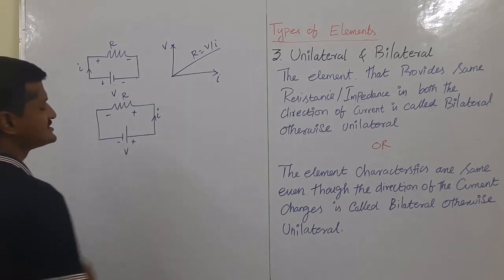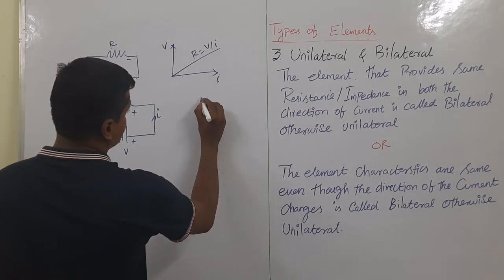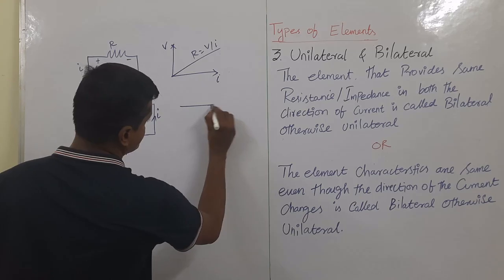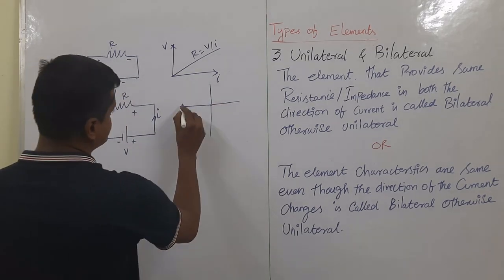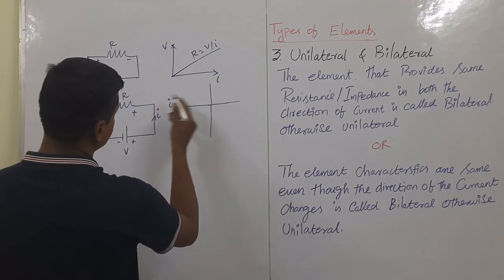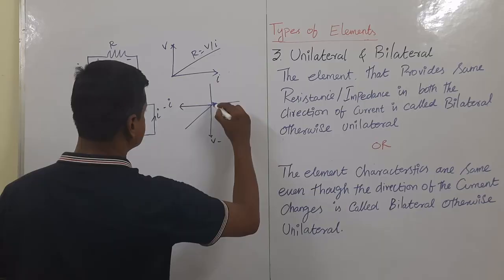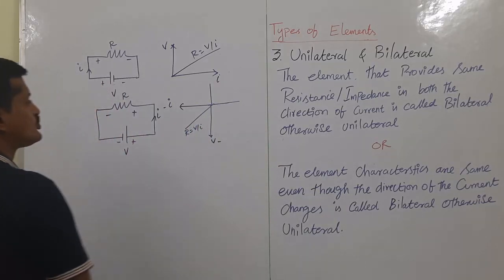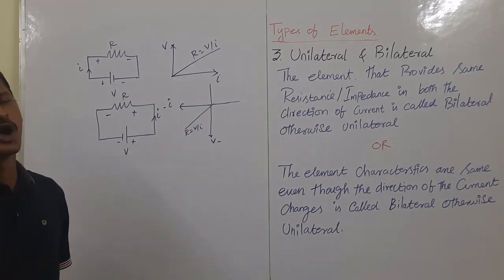Upon graphical representation, this is current I flowing to the negative and voltage also in reverse, but the characteristics remain R equal to V by I. Minus and minus cancel, so it is also positive, but in the opposite direction.